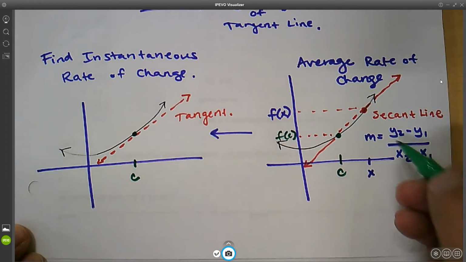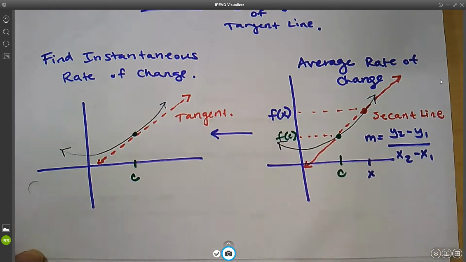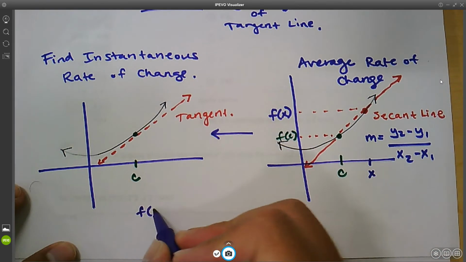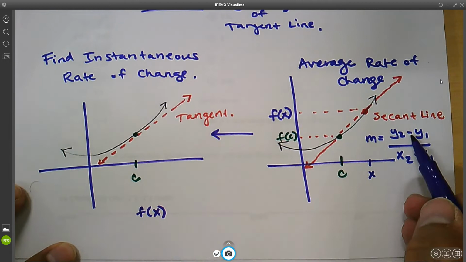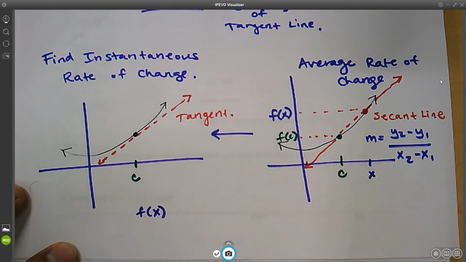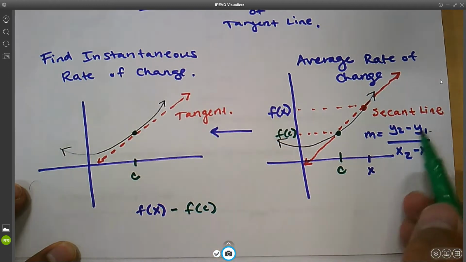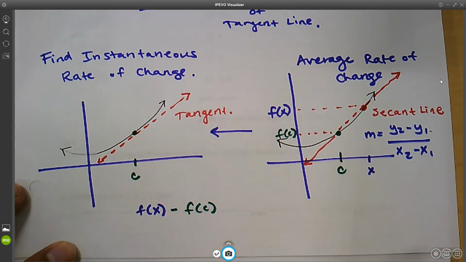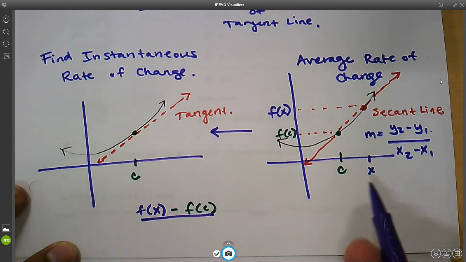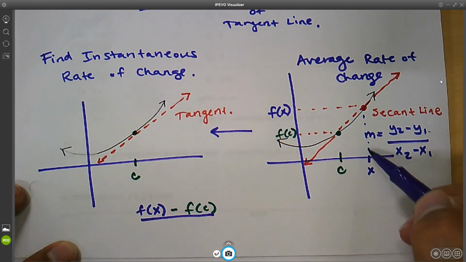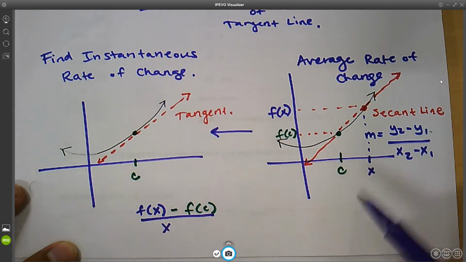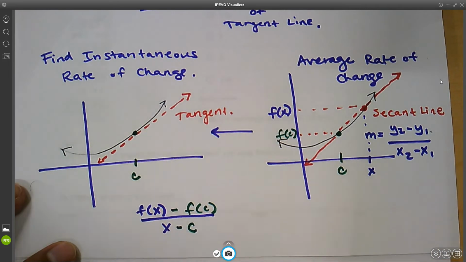It's y2, so we'll pick f of x. We're going to subtract y1. In that case, it is f of c, y2 minus y1. And then we're going to divide by x2. So in this case, x2 will be x, and then x1 will be c. That's just slope. That's the average.